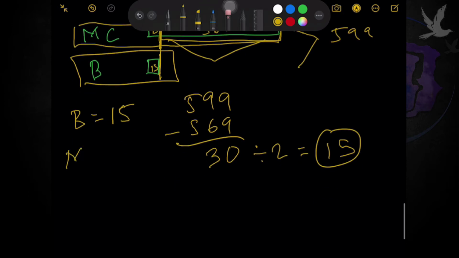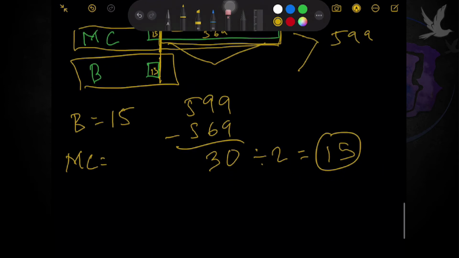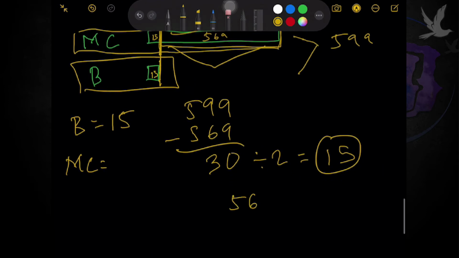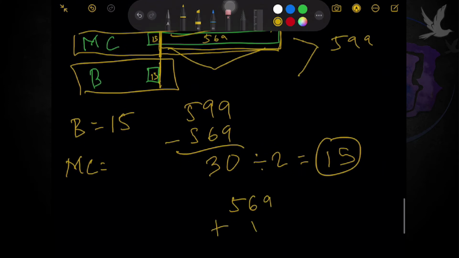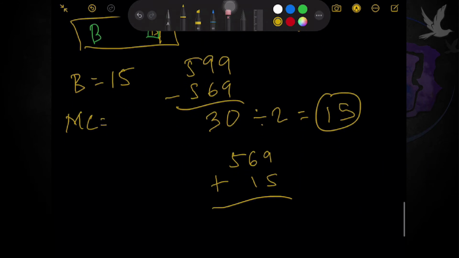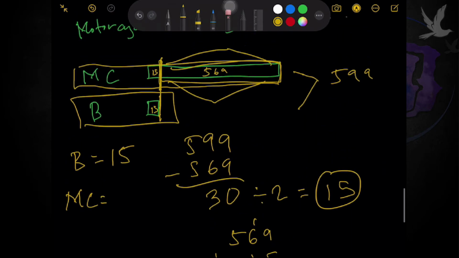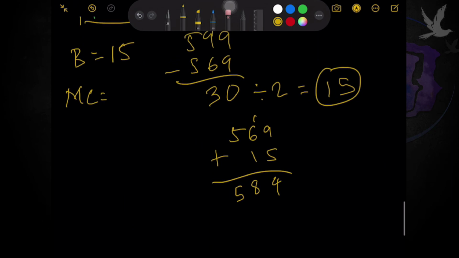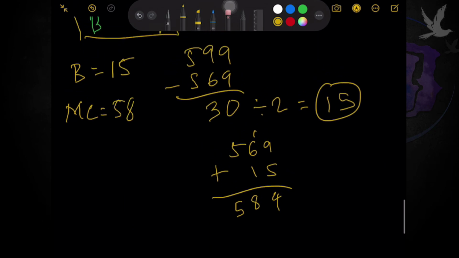So, for motorcycle, we have 569 plus 15. Add nyo lang yan. We have 4, 1, mali pa sana si Teacher Mark, 584. Okay, so ganun lang. So, the motorcycle, we have 584.